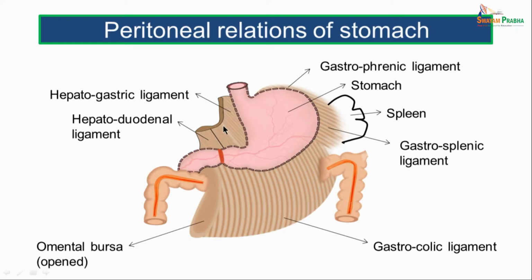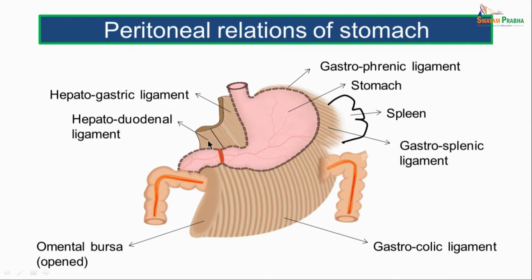From there, this bilaminar fold of peritoneum comes down towards the lesser curvature of the stomach, is attached to the entire lesser curvature and also goes on to get attached to the proximal 1.5 centimeters of the first part of duodenum.